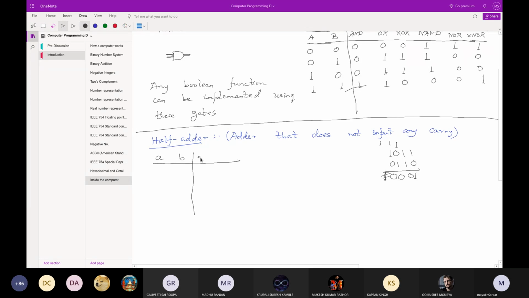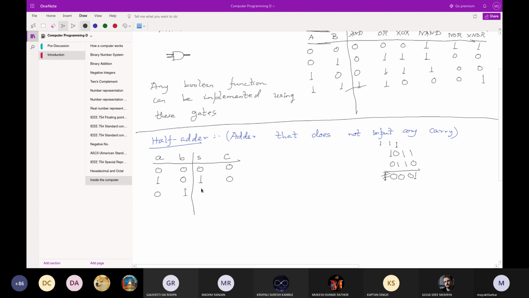A, B, S, and suppose S is for the sum, and the carry out bit. Now, if both bits are 0, sum will be 0 and there will be no carry out. If 1 0, sum will be 1, there is no carry out.